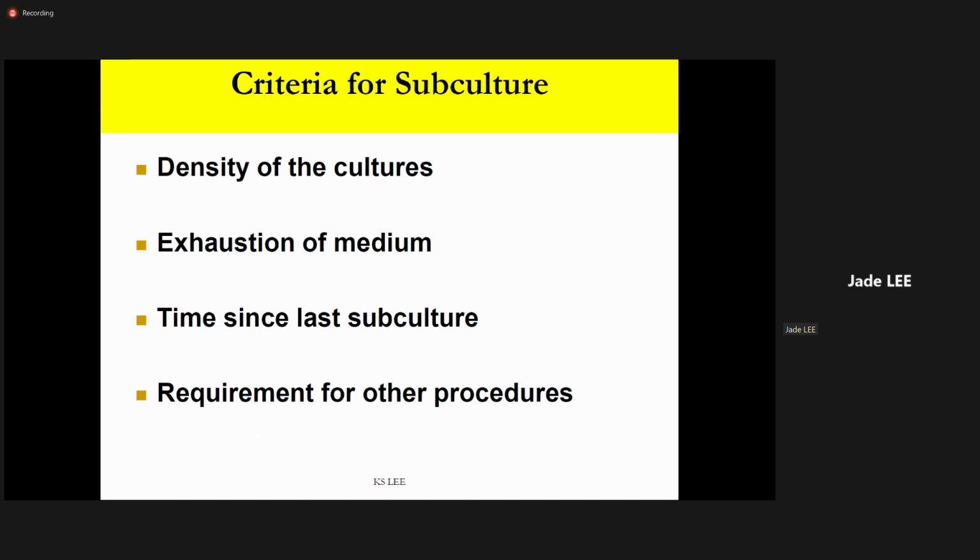The third one is time since last subculture. For instance, you know that your cell's subculture interval is 7 days. So on day 7 you need to subculture them, and on day 14 that's also the time for you to subculture again, right?